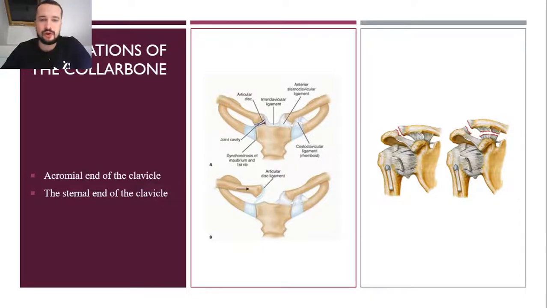There are dislocations of the acromial and sternal ends of the clavicle, and the first occur 5 times more often. Of course, in the pictures you see a dislocation of the sternal end of the clavicle, and there we see a dislocation of the acromial end of the clavicle.